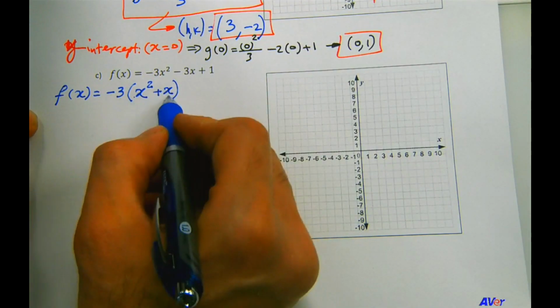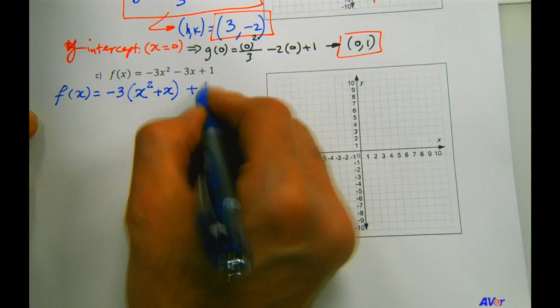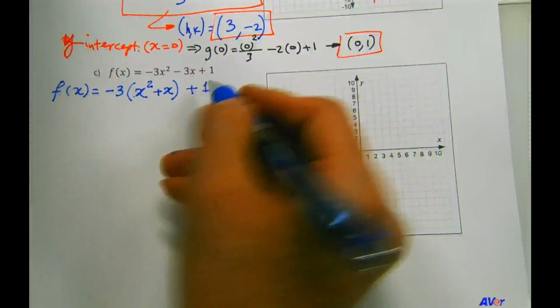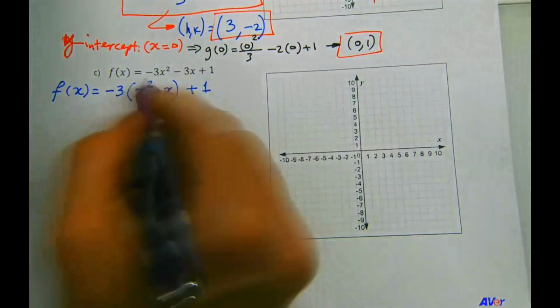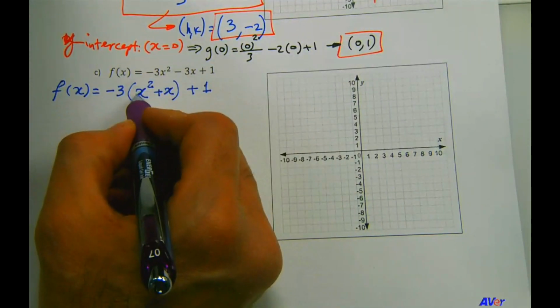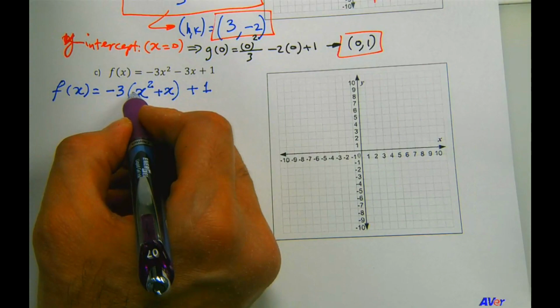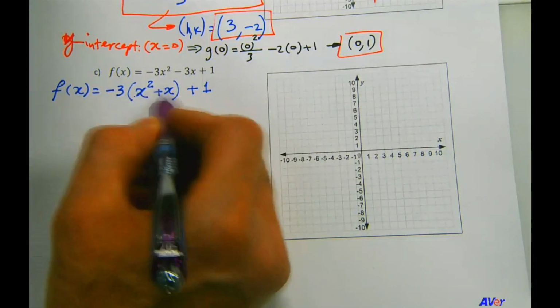Negative 3 times x is negative 3x. We got it. And then, of course, plus 1 is way out here. Okay, so now the inside of this parentheses is a quadratic expression with the coefficient of the quadratic term equal to positive 1. So now we can apply the completing the square method to this.